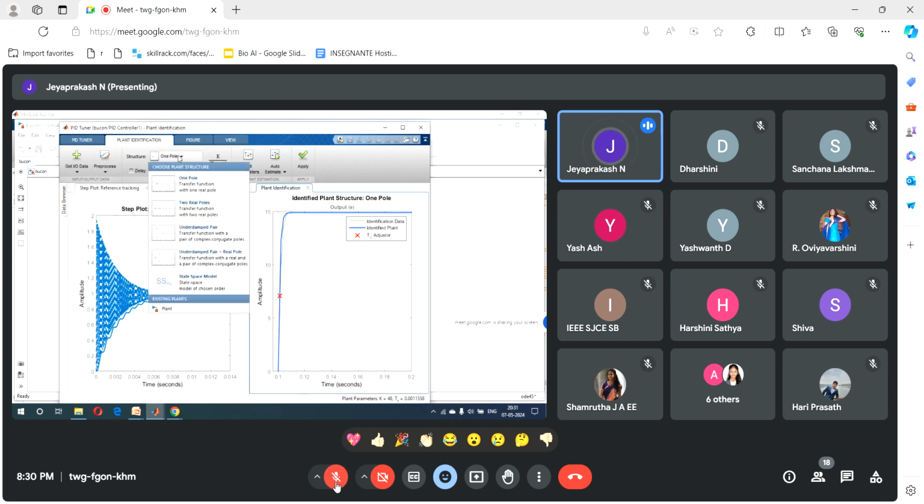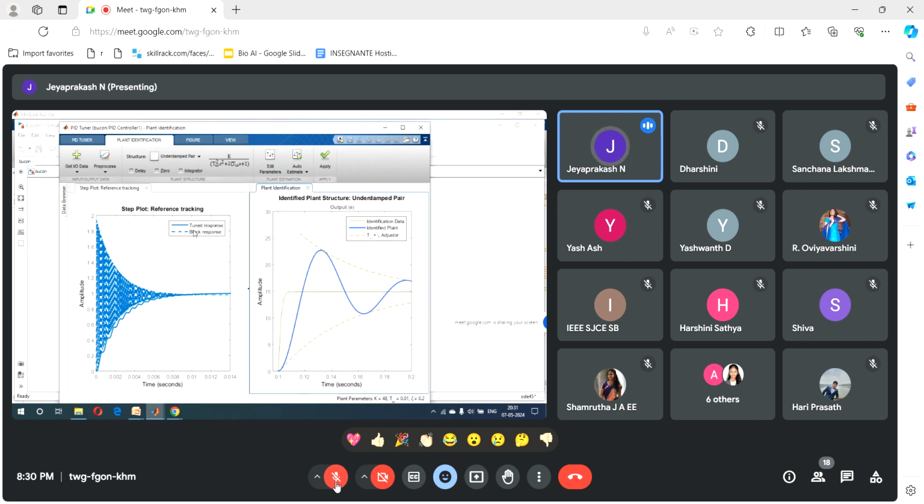Here I am going to obtain an underdamped response. Either you can use one pole, which is a compensation technique, where you add one pole or two real poles. I am going to take an underdamped pair, which means we get complex conjugate values.